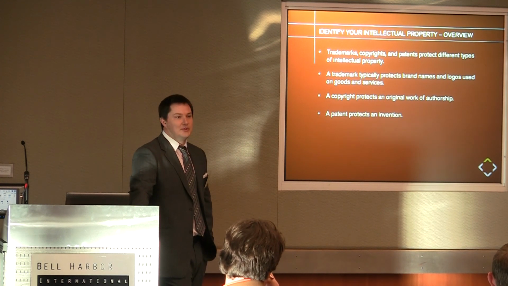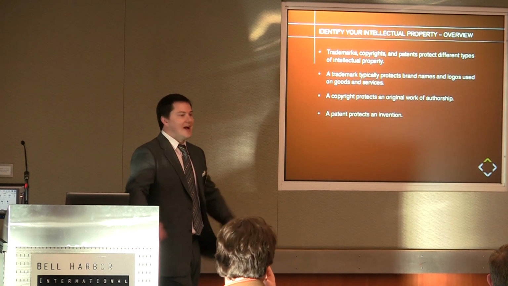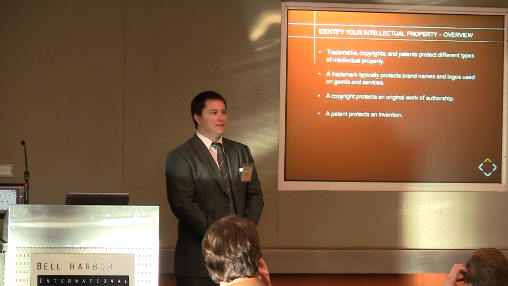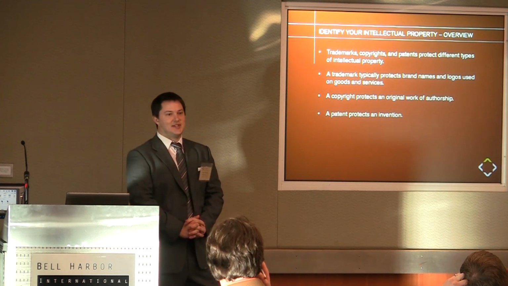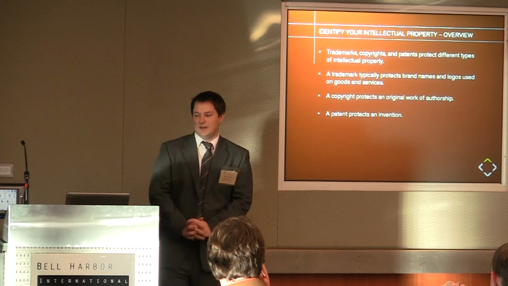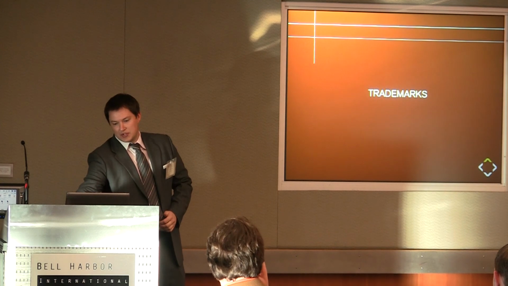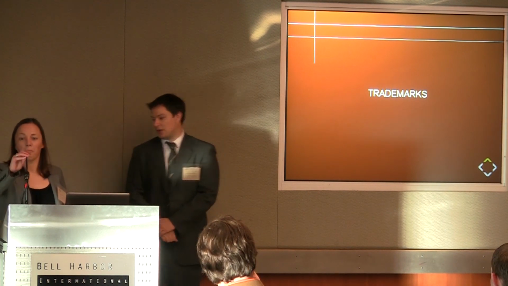A copyright protects an original work of authorship. So when you create something of value and you actually fix that in a tangible medium, you obtain copyright protection. But as we'll discuss, that's a very limited scope of protection. And then patents protect inventions. We're going to start with trademarks, and I'm going to turn it over to Becki Ashbaugh to talk about trademarks.